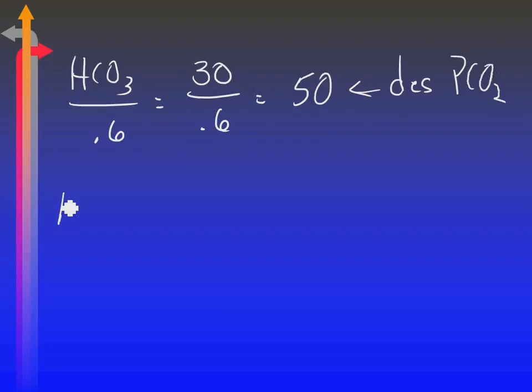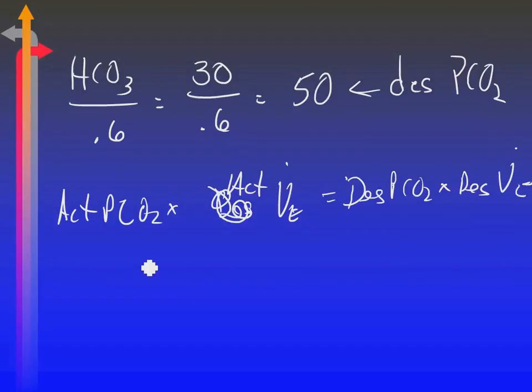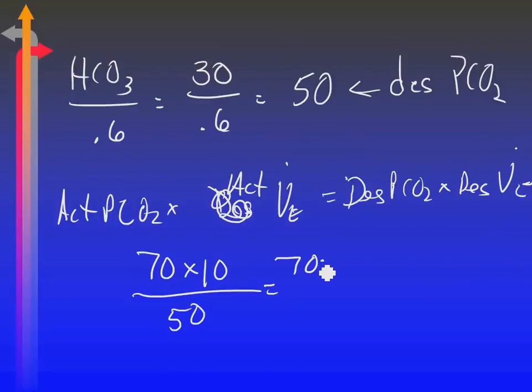So actual PaCO₂ times actual minute ventilation, every time, because that's all I'm given, divided by desired. Actual PaCO₂ was 70 times actual minute ventilation of 10 divided by 50. 700 divided by 50 is 14.